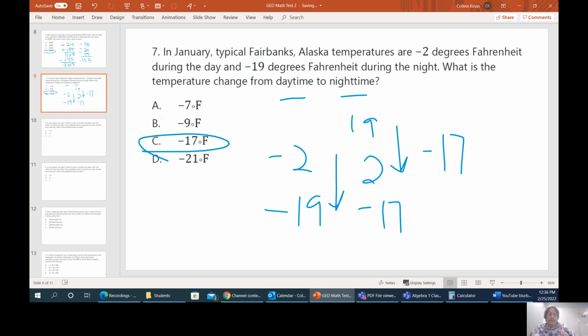So that's our guy. Okay. So the point of the story is this: if you have a negative number and you add another negative number to it, you get a bigger negative number. And if you subtract, you get a smaller negative number. So -19, and then we're only going up to -2, so that's going to be 17 degrees difference. So kind of think of it that way. All right, let's go ahead and check out another one here.